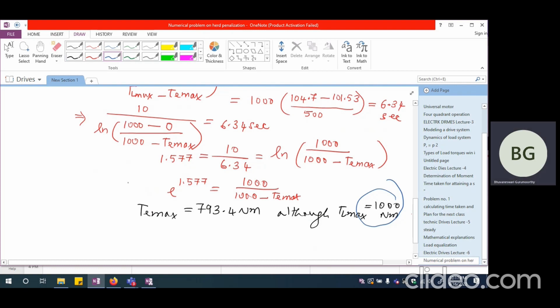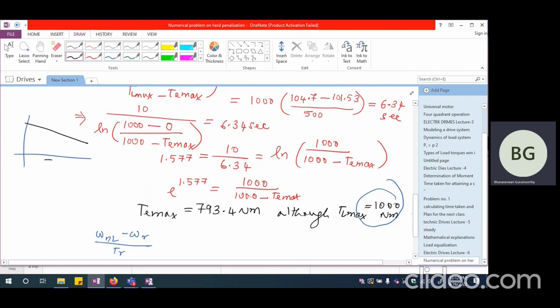Now we already wrote that (omega no load minus omega rated) divided by TR is the slope with which our speed torque characteristic of the motor is governed by this particular straight line.